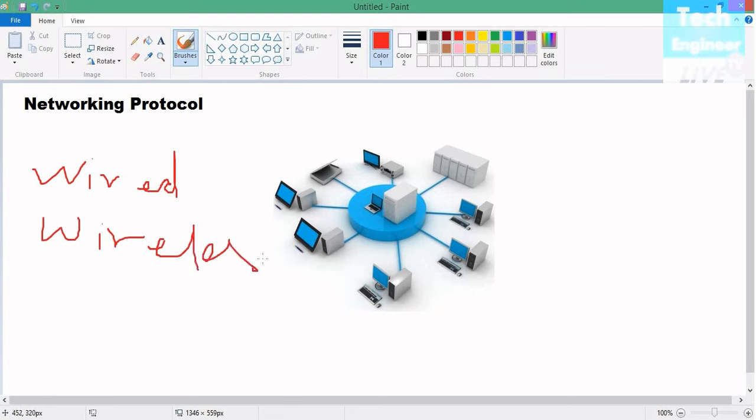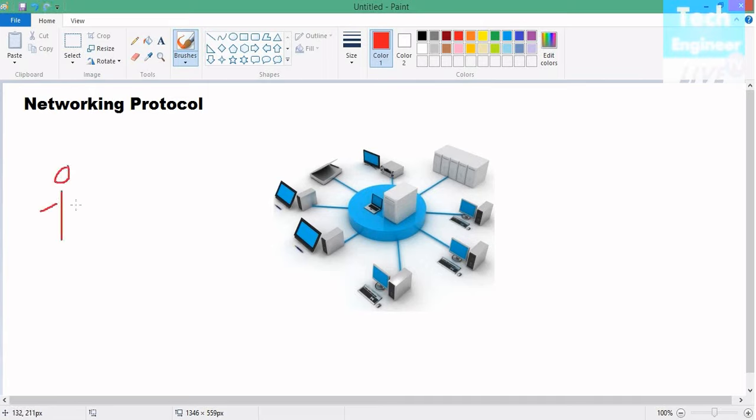Connection type is there, but no matter what, connecting devices doesn't mean that communication will happen. For example, two persons want to communicate with each other. If one person is from India and another is from the US, then both should know either Hindi or English.